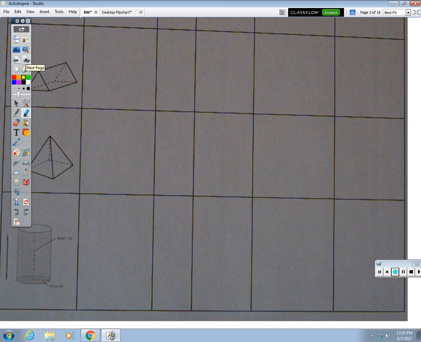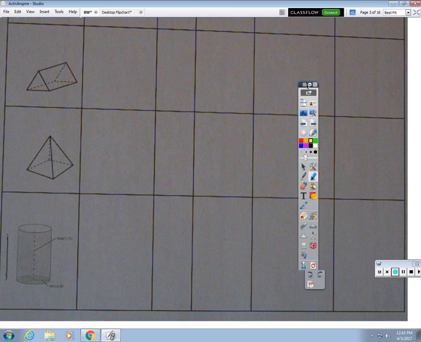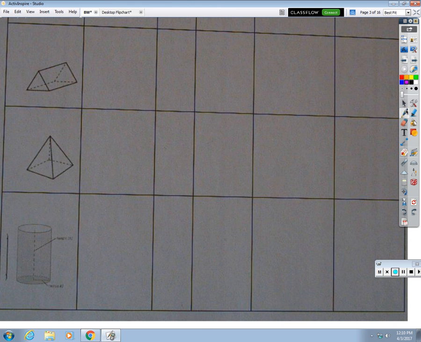Okay, next one. What shape is this? Triangular prism. Triangular prism. What shape are the bases? Triangles, and how many of them are there? 2. And they are going to be triangle.